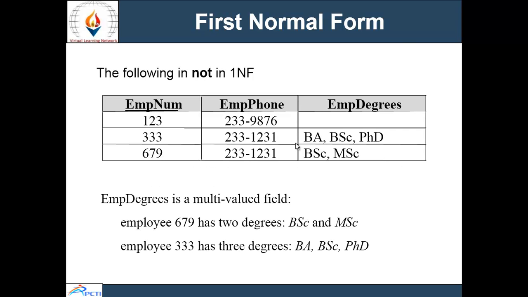You can see a table. It is not in first normal form, as EMP degrees has a multi-valued field which is separated by commas. Employee 679 has 2 degrees and employee 333 has 3 degrees. It is a multi-valued field.